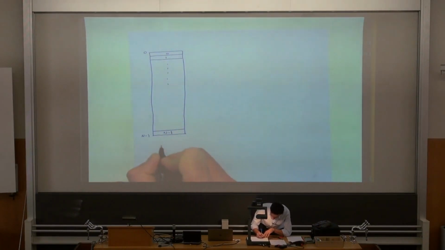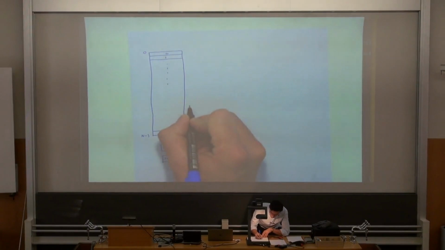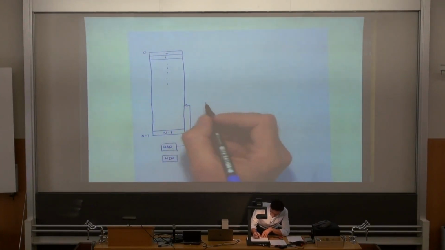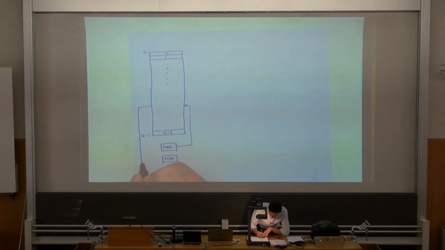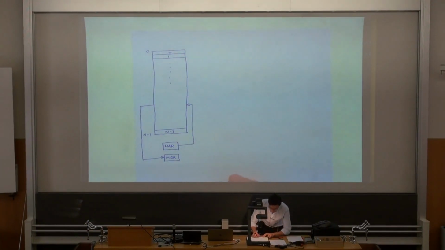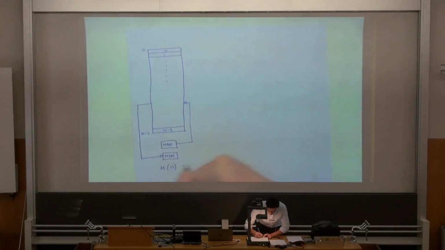If we want to access this memory, read or write, we need some memory address register, and we need some memory data register. With the memory address register, we will select a specific address here, and if we are reading, the corresponding value will be moved from the memory to the memory data register, the MDR. This takes a certain number of cycles, m. In our example, this is going to be 11 cycles.